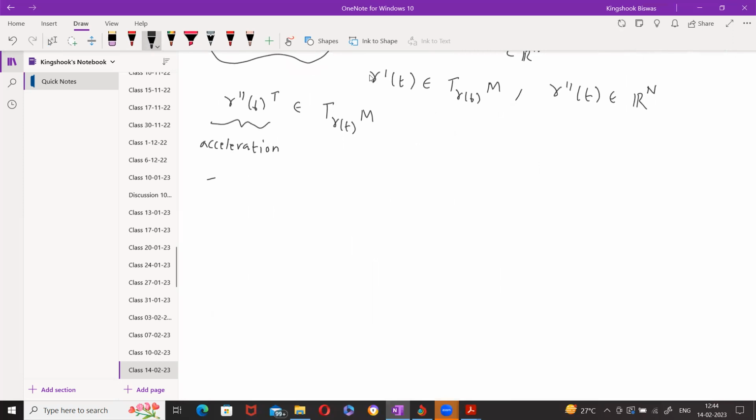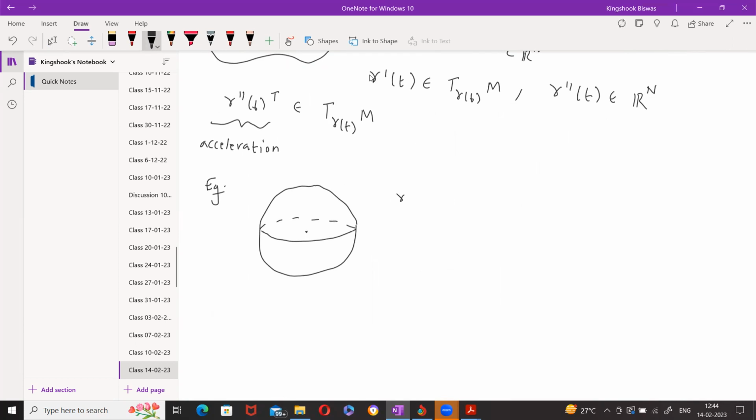So example, if you take say S2, the 2-sphere, right? Then if I take the equator, for example, right?